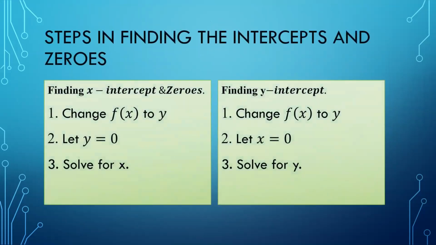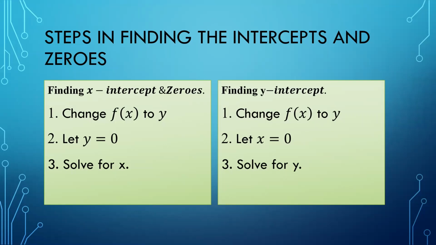So we have here the steps in finding the intercept and zeros. In finding the x-intercept and zeros, first you need to change f of x to y, then let y be equal to 0, then solve for x. And in finding the y-intercept, you need to change f of x to y, then let x be equal to 0, then solve for y.